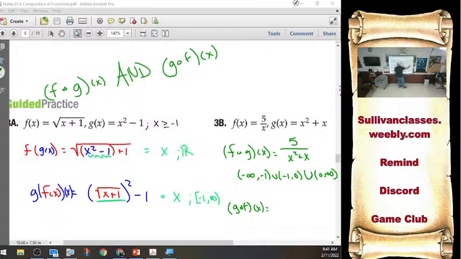Plug this in here and here, getting 5 over x squared plus 5 over x. If you wanted to be fancy about it, again, I could turn that into 5 plus 5x over x squared. And thou shalt not 0.